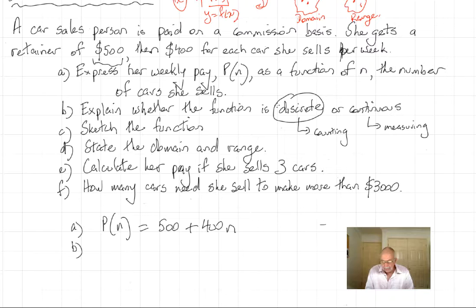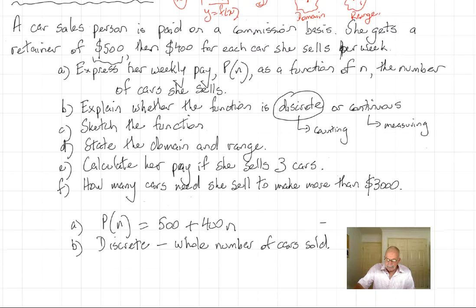She only sells 1 or 2 or 3 or 4, etc. Continuous is where you don't just have whole numbers, but all the values in between, and that's usually measuring. So it is discrete. Whole number of cars. That's an example of counting when you get whole numbers.